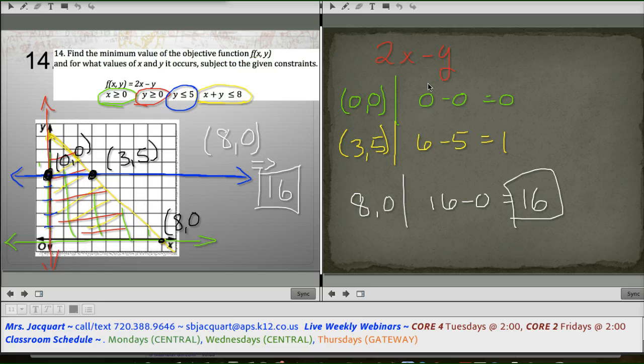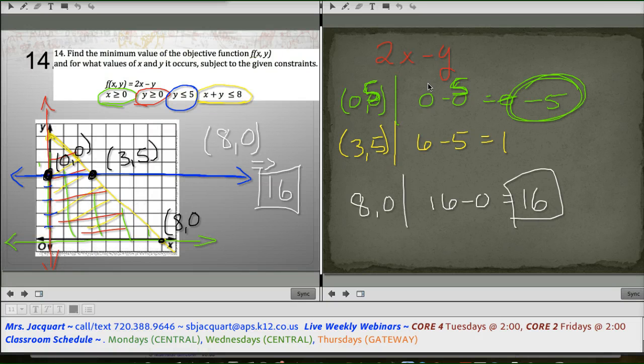Oh, the minimum value. Oh, it asked me a different question. And I so need to, like, you guys didn't stop me. That was crazy. How come you didn't stop me? That green one's wrong. Green one should have been 0, 5. That would have been 5. And this would have equaled -5.